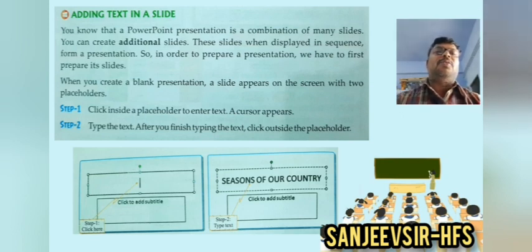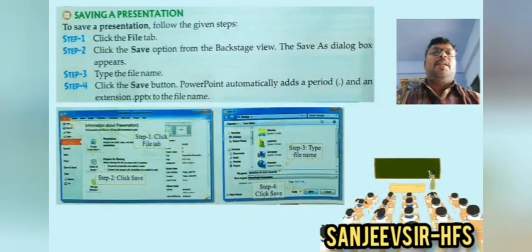After that you will put in the next slide, and you can add pictures, audio, video, whatever you want. But text you can easily add by clicking on the placeholder. Okay.